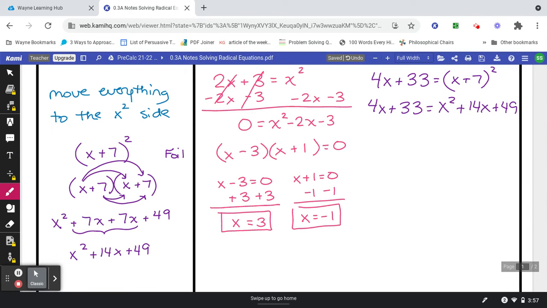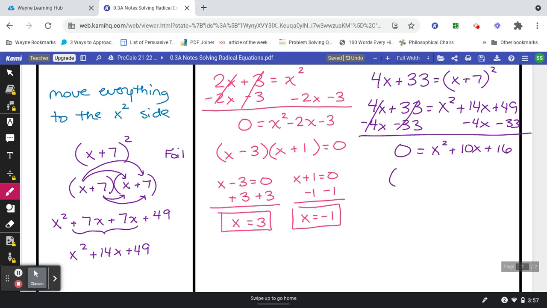Then we'll continue our process by moving everything again to the x squared side. So I'm subtracting 4x, moving it to the x squared side. I'll also subtract 33 in that same step. That'll get me 0 equals x squared plus 10x plus 16.